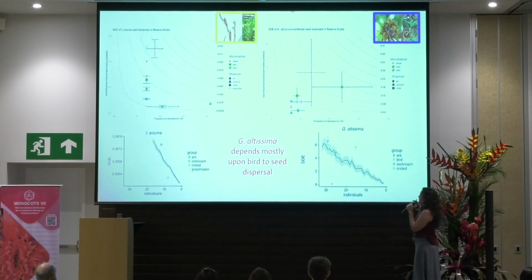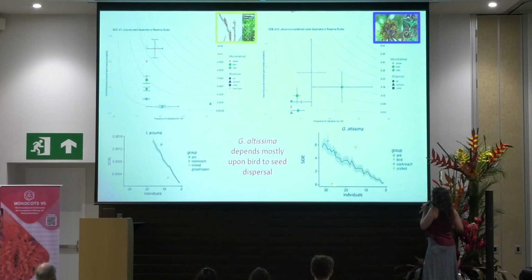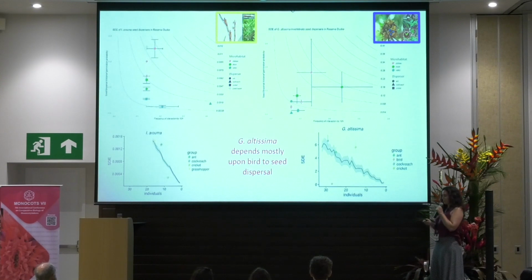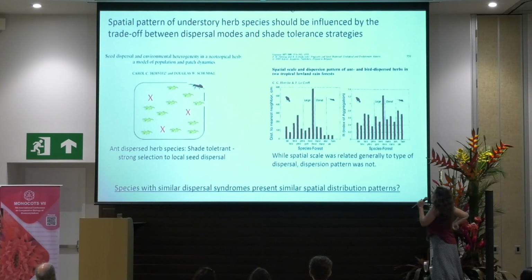But for Goeppertia altissima, yes, we have the birds as the most effective seed dispersers. And if we remove just a few individuals of the birds, we have lower seed dispersal effectiveness. And here for Aruman, there are really low values of effectiveness because there's not much removal.